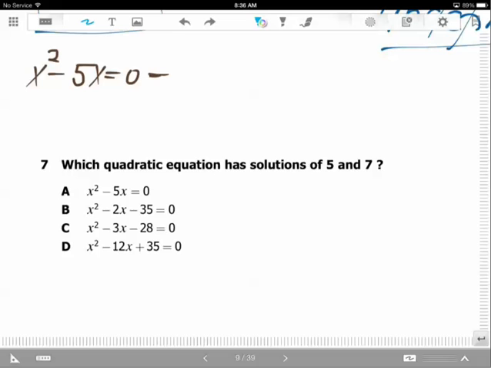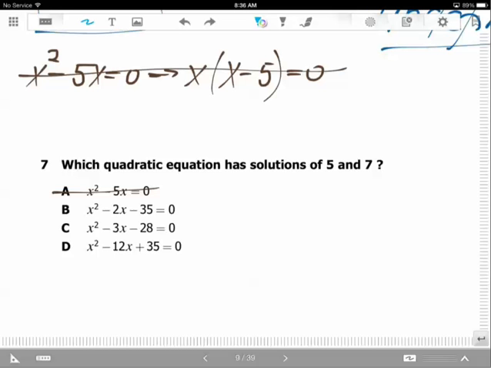We have x as a common factor. Will be x times x minus 5 equals 0. Well, although we have x equals 5 as one of the solutions for this equation, the other one would be x equals 0, so this is not good. A, not a good answer, right?